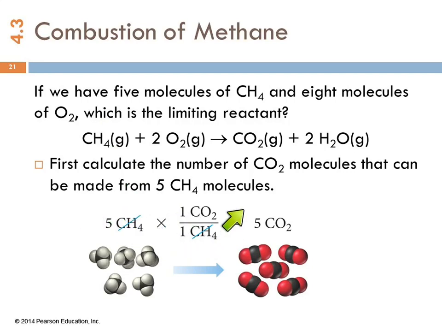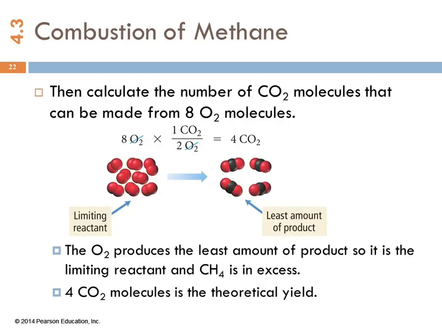The units work out, we get 5 CO2 molecules. Then we look at the other reactant, the oxygen. It's 1 CO2 for every 2 oxygens. So 8 oxygens will get us 4 CO2 molecules. 4 is smaller than 5. So this is our theoretical yield, and this is our limiting reactant, the one that gives you the smallest yield.